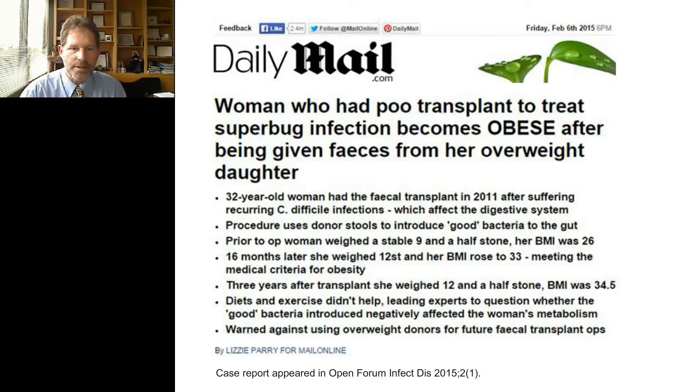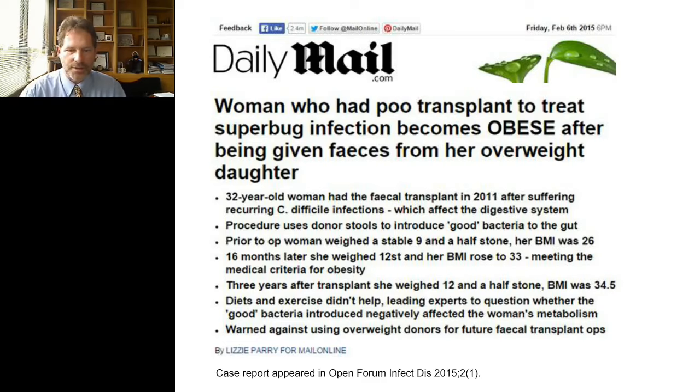The donor was her daughter, who's overweight, and as this Daily Mail story reports, she went from 9.5 stone to 12.5 stone with a BMI increase of 34.5 after this.